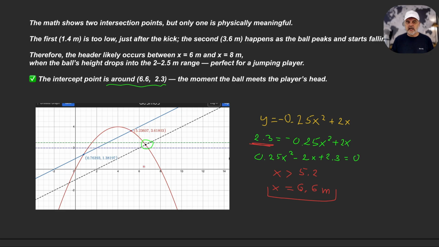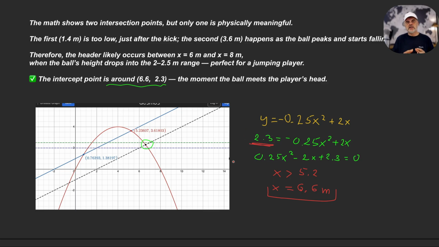The player has to be waiting for the ball a little bit longer, be further away than 5.2 in order to get to the right position. Arbitrarily, you would select, for example, 2.3, 2.2, 2.4, 2.5. Any possibility would be good.